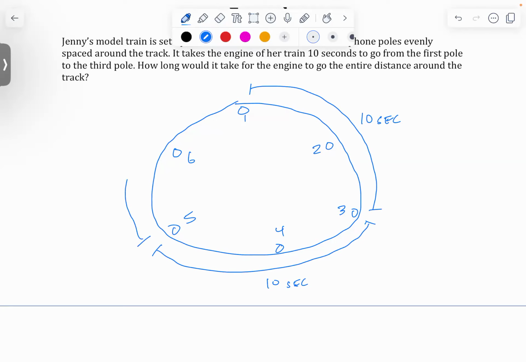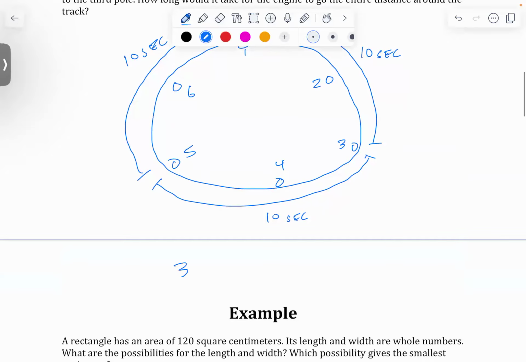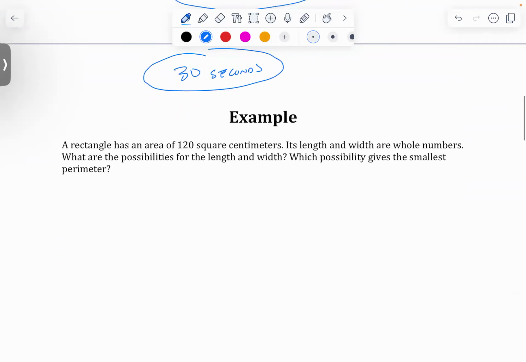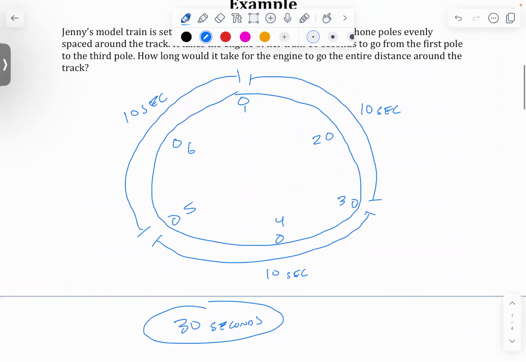And then the fifth pole to the first pole would be another 10 seconds. Hence, it takes 30 seconds total to go all the way around the track. So that's a really good example of how a picture is helpful.